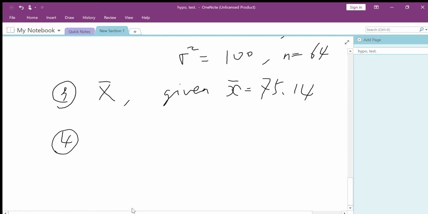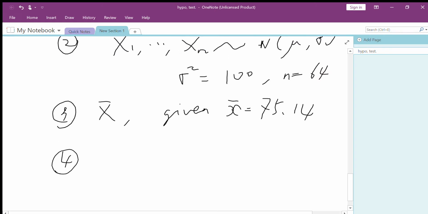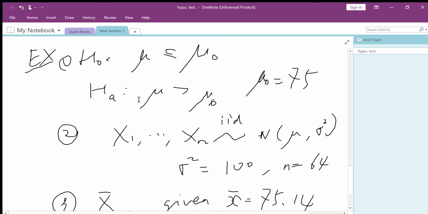So let's calculate accordingly. So the probability of the test statistic, the test statistic here is capital X bar, being more extreme than the realization. So being more extreme. So in our hypothesizing, we think mu greater than mu null is extreme.